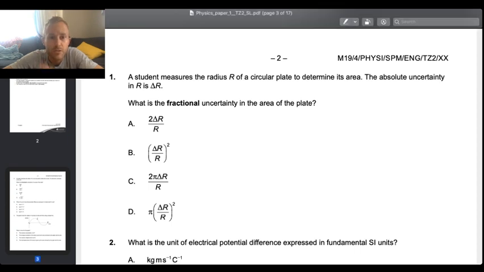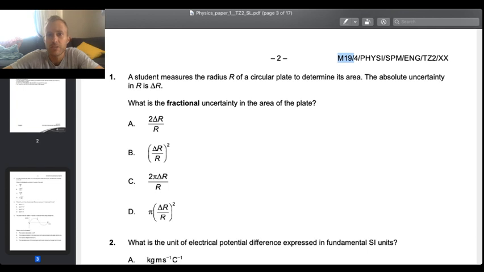So let's just get into it. This is paper 2, from time zone 2, which means it would be the same as it would have been given to students in the Americas. You can see M19, which means May 2019 is the year.